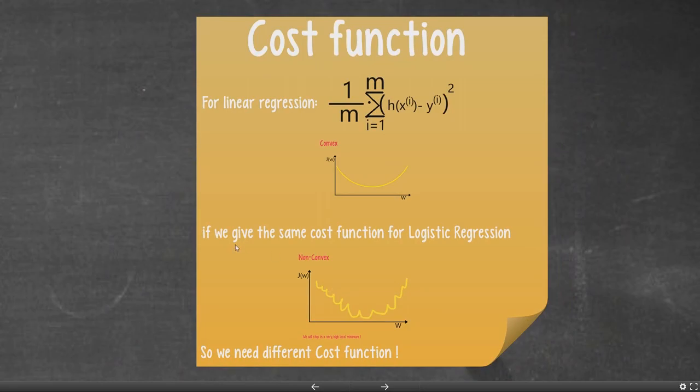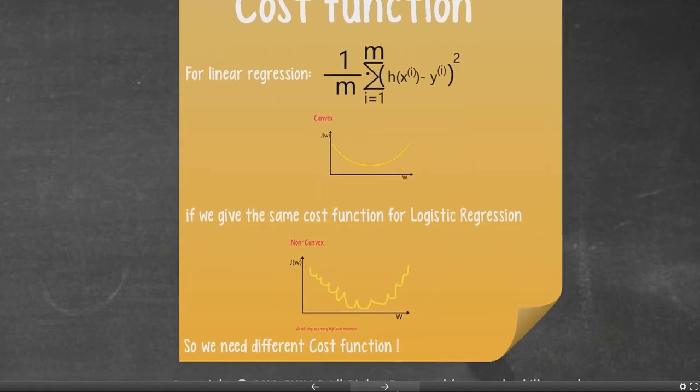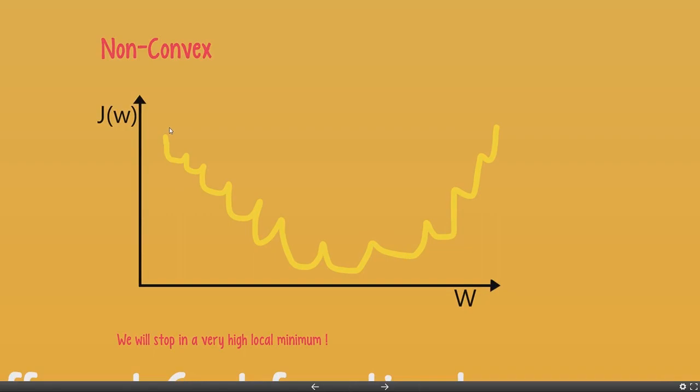But the problem is, if we give the same cost function to a logistic regression problem, the cost function graph is gonna be exactly like this. So it's gonna be really hard to go to the global minimum. You remember the word global minimum? We learned that word in previous videos. So it's gonna get stuck in a local minimum. For example, if we start here, at a local minimum, we cannot go further down.